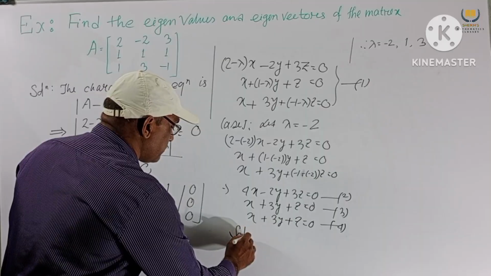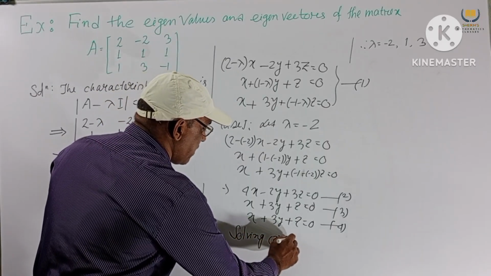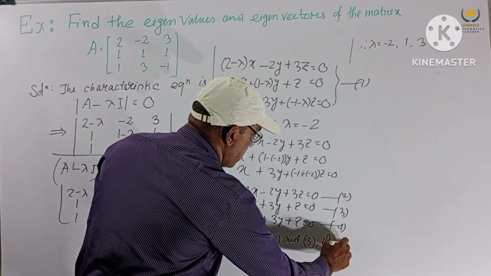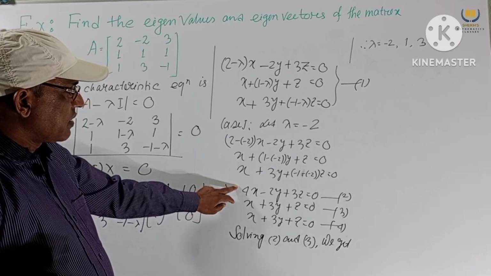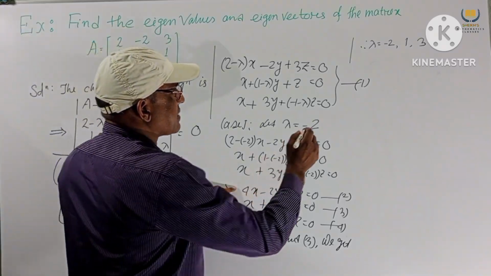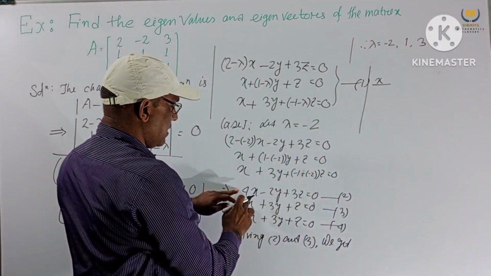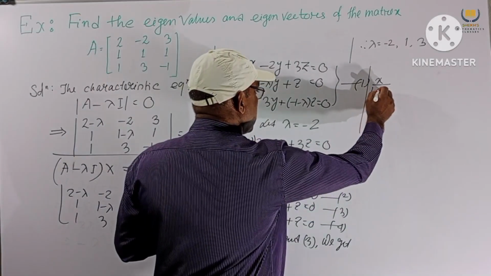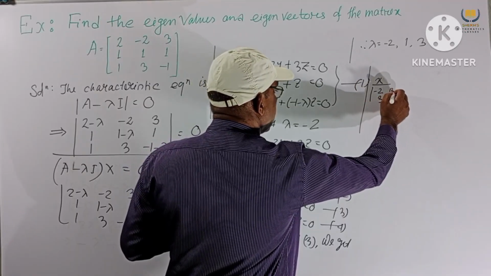Solving 2 and 3 we get, first we consider x, then this cancels, we get minus 2, 3, 1.